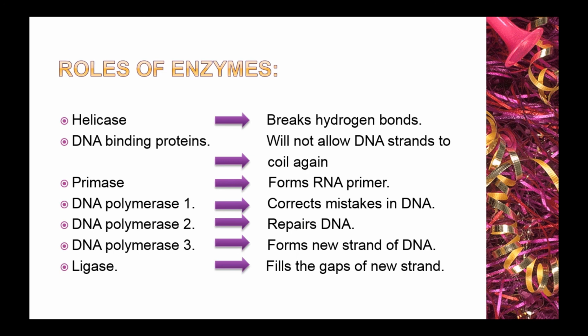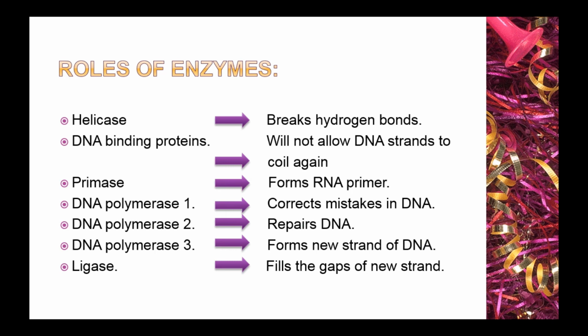If any wrong nucleotide is placed in the new strand, it will replace that nucleotide with a correct one. For example, if adenine is being connected with cytosine, polymerase 1 will replace that adenine with guanine, so that the correct sequence may be formed.